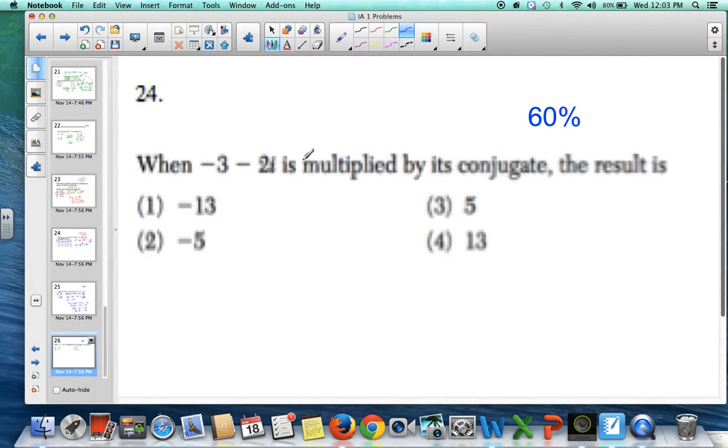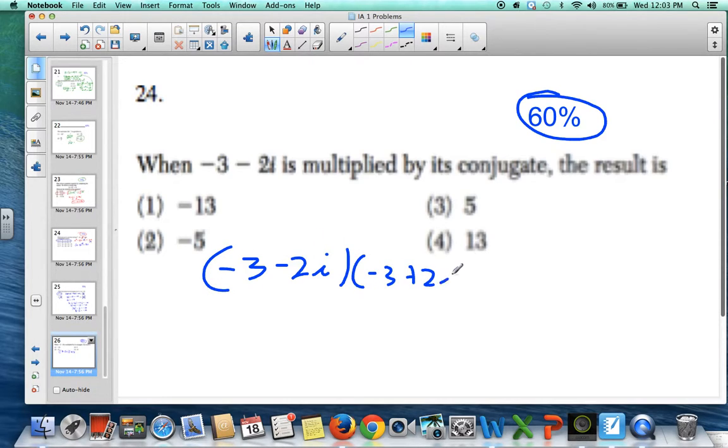This one here: when negative 3 minus 2i is multiplied by its conjugate, the result is... now this is a little disappointing that only 60% got this correct. Negative 3 minus 2i, the conjugate of this is negative 3 plus 2i. To do this I have to multiply binomials, which we know as FOIL. The first two numbers are these two.